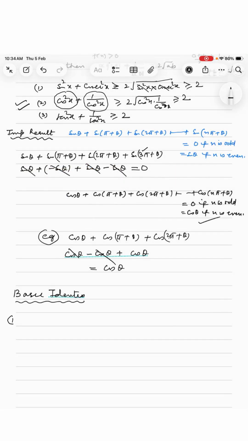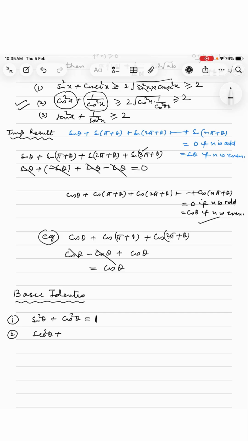The first basic identity is sine square theta plus cos square theta is always equal to 1. Now this we can prove by the definition of sine and cos.